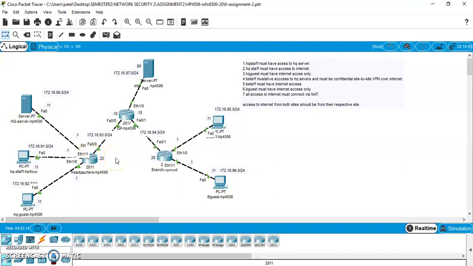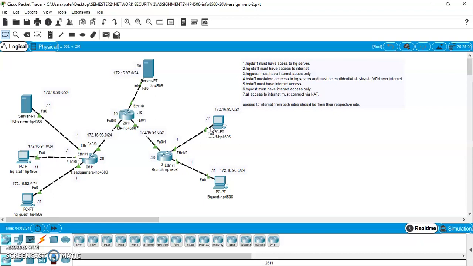Same goes for the staff network which resides on the branch router, that it should also have access to the internet server and the server on the headquarters side. And then the guest network on both the headquarters and branch networks should have access only to the internet server.